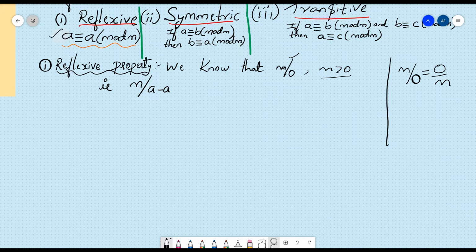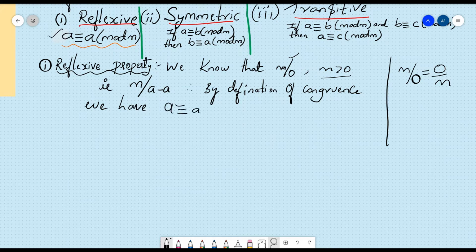Therefore, by the definition of congruence, we have a is congruent to a mod m.